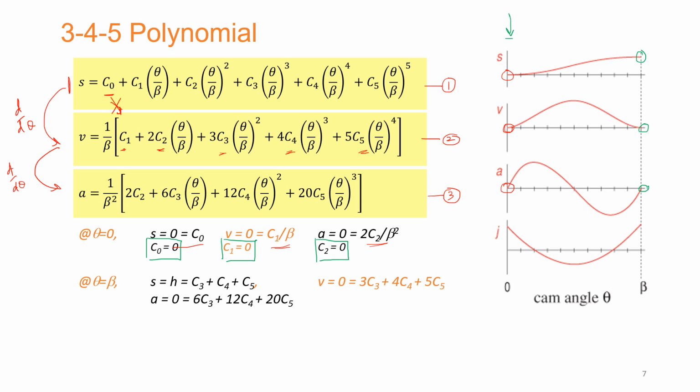When you plug in these values in equations 1, 2, and 3, you are going to find out one equation to be like this, the other equation to be like this, and the third equation to be like this. Now, in this particular case, you know that you have 3 equations, and obviously you have 3 unknowns, C3, C4, and C5.